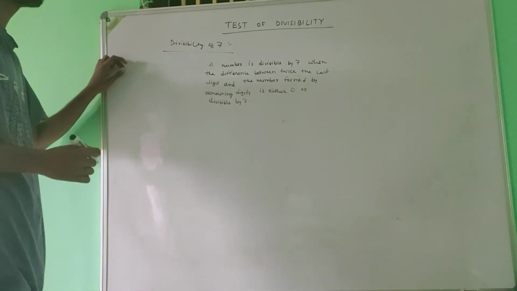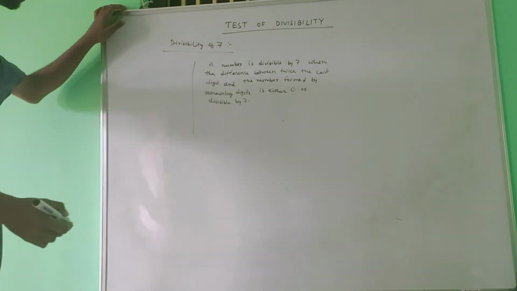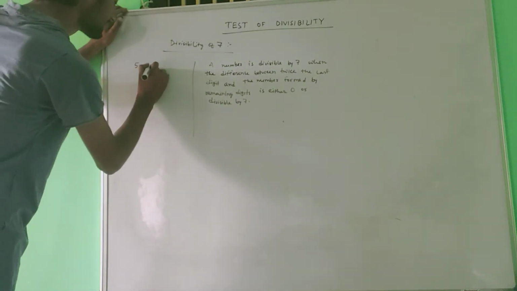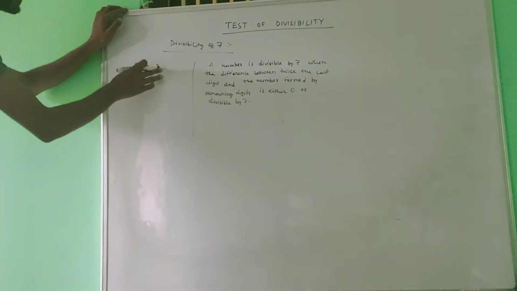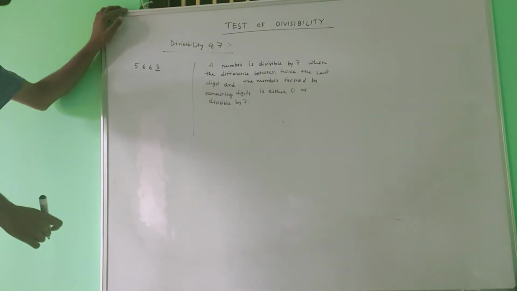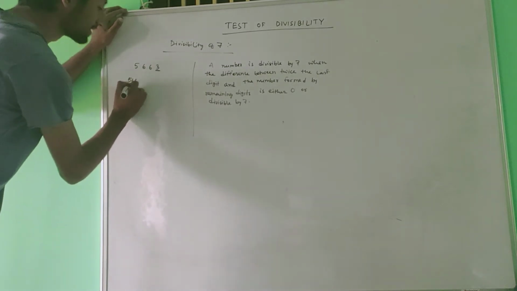So we will solve one question. Suppose a number is 5663, the last digit is 3, so we have to take twice of that digit and the remaining number. The remaining number is 566.